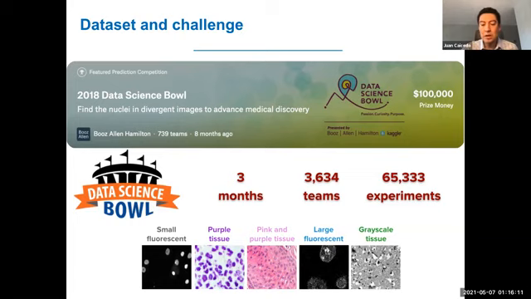And here are some examples of the 5 types that we considered in this competition. There are, of course, many more, but we included 30 different experiments with 5 image types. And the competition ran for 3 months. We got participation of 3,000 teams, and all together they ran more than 65,000 experiments trying to crack the problem of how to segment single cells on any type of microscopy image.